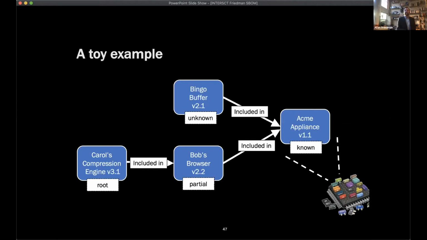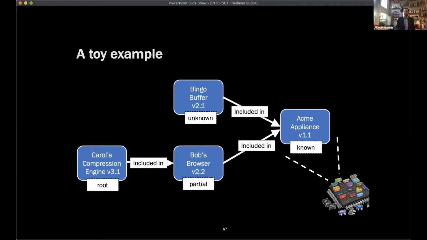Acme appliance contains exactly 2 immediate dependencies. It's got Bingo Buffer and it's got Bob's Browser. Now, Bob's Browser, in turn, includes a component called Carol's compression engine. So that's really all this is. We're just trying to say, for each piece of software on my network, and again, Acme appliance may in turn be used in another system, and so we would go according to that.